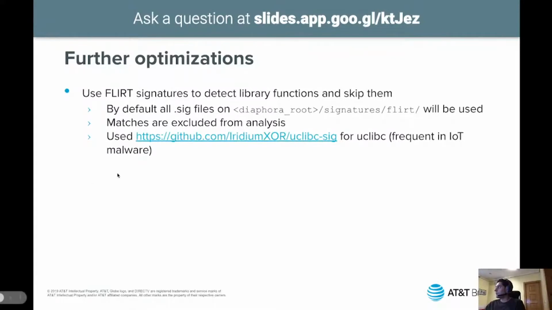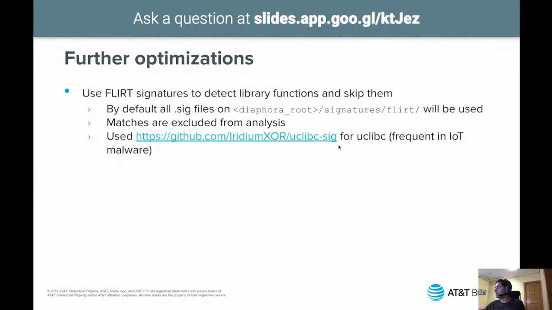So how it works is you can put any number of .sig files in this directory here, and they will all be used to scan the binary at startup, and any function that matches those signatures will be excluded from analysis.